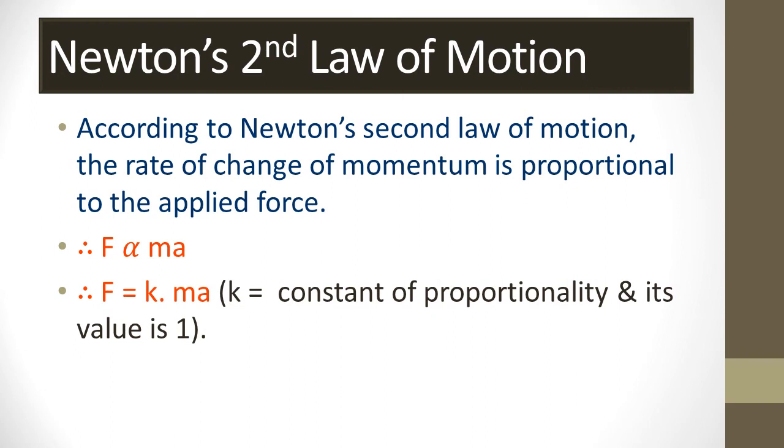After removing the sign of proportionality, finally we get the formula for Newton's second law of motion, F is equal to ma. This is the formula for the second law of motion, where force is proportional to mass into acceleration, the rate of change of momentum.